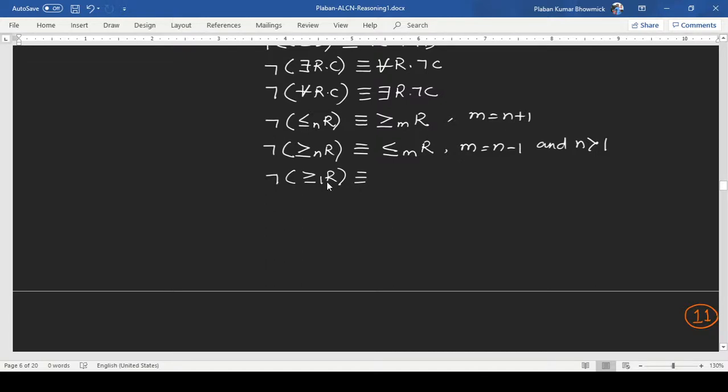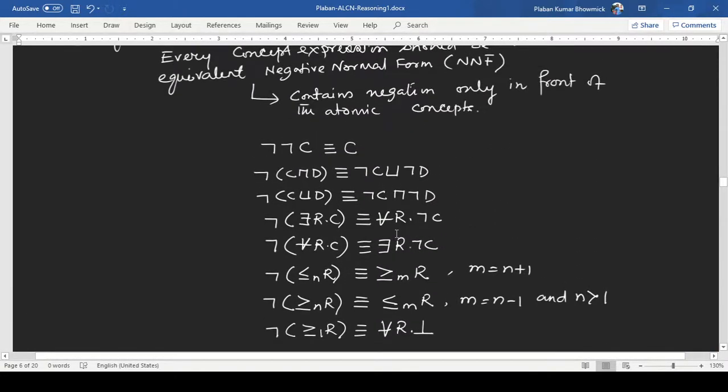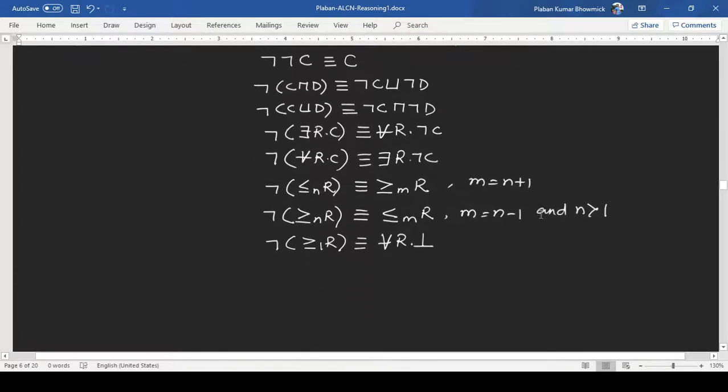That means A does not have any R successor, and that we can write simply by saying for all R dot bottom class. So this means that a particular concept expression which is a member of this class does not have any R successor, right? So this is how we can convert a given complex expression into its corresponding negation normal form simply by pushing the negation symbol in front of the atomic concepts only, right?